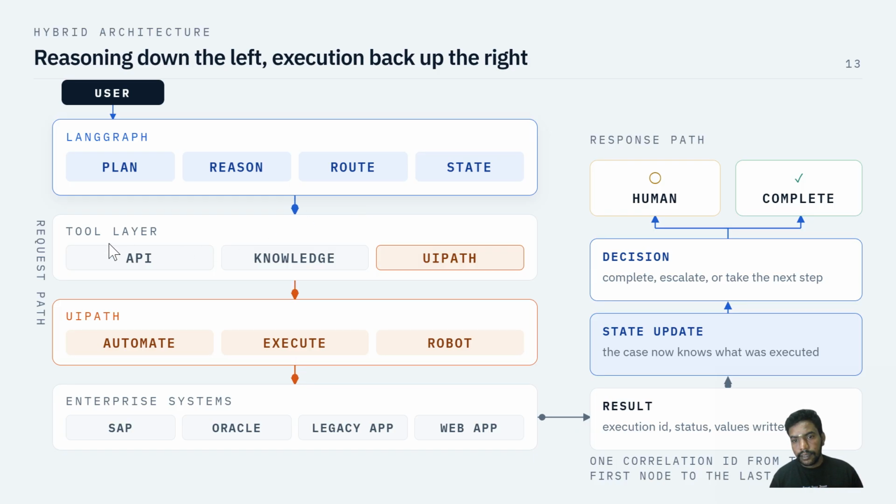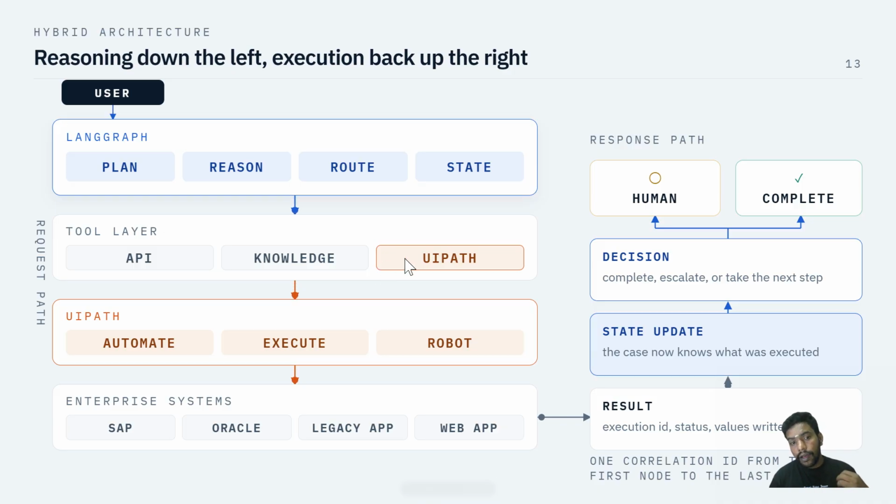And notice how UiPath appears there as one tool among several, sitting alongside your API and your knowledge source. That framing matters because it keeps the automation platform in the role of an execution capability rather than the center of the universe.